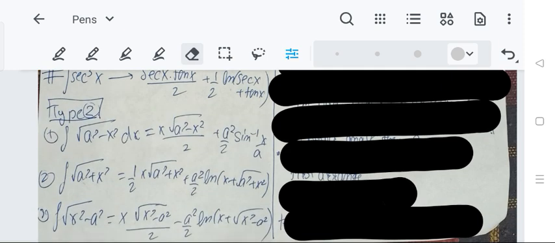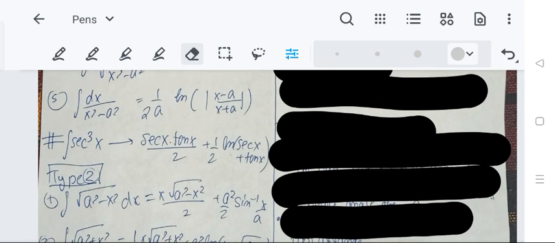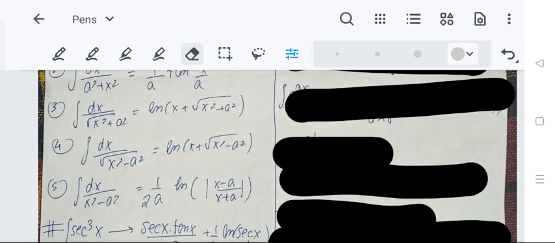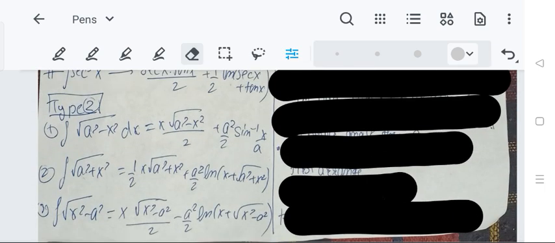Now type 2. See here, you see that those were in the denominator and here all are in numerator. The integration of root of a square minus x square dx is x times root of a square minus x square by 2 plus a square by 2 sine inverse of x by a.